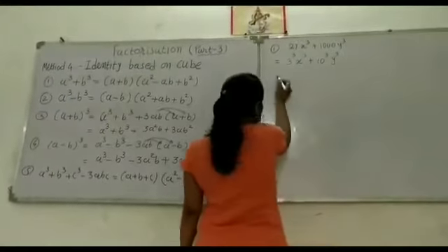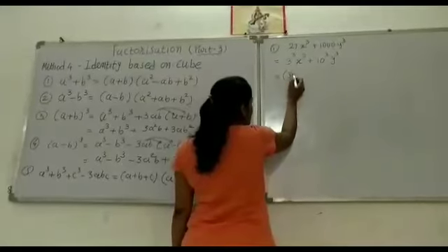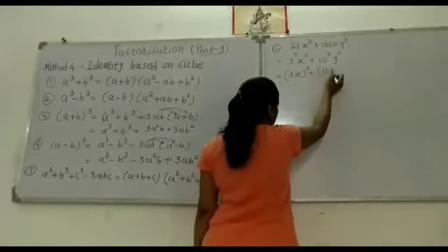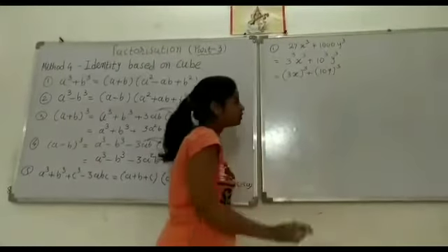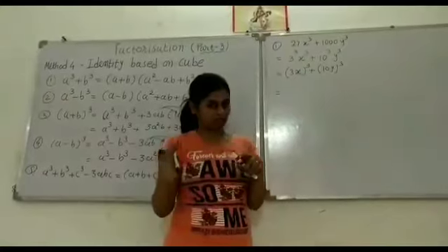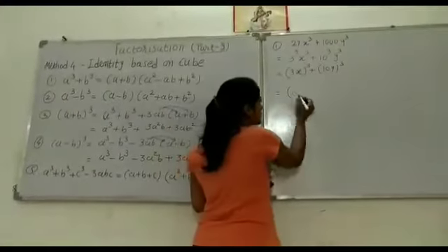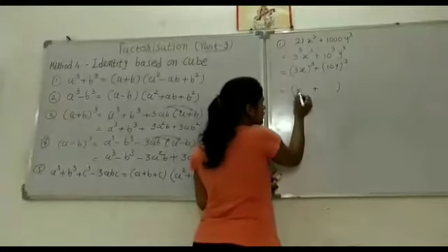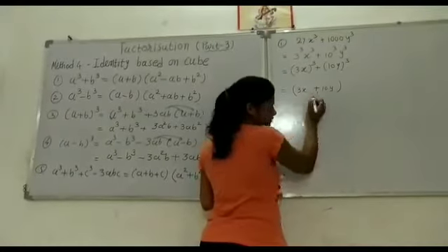Now according to our power rules, this is converted to 3x whole cube and this is converted to 10y whole cube. Now apply the identity a cube plus b cube. In the first bracket write whatever sign is in between, so 3x plus 10y.